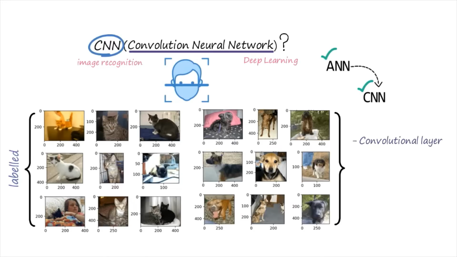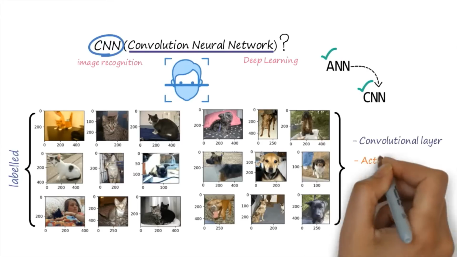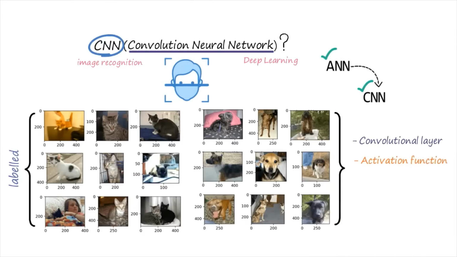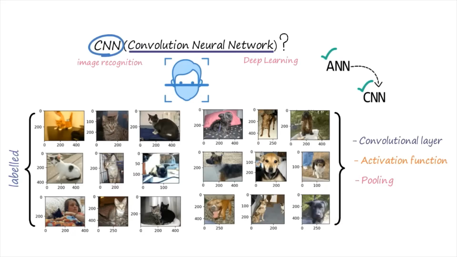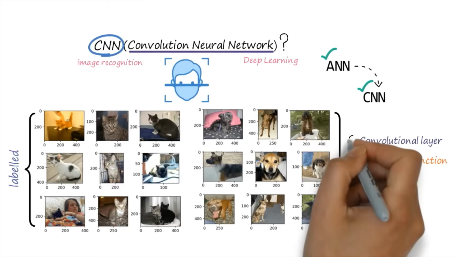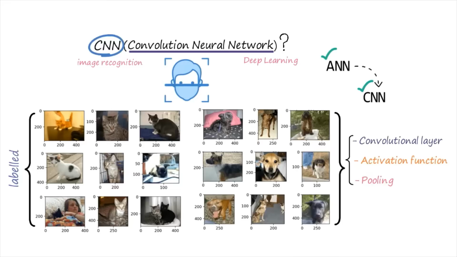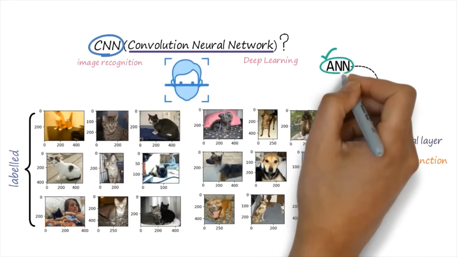Second, we have to identify what activation function this convolutional neural network will use. Third, we have to find out what pooling mechanism it will use, and then only we can proceed further. After performing these three steps, it will behave like an artificial neural network.